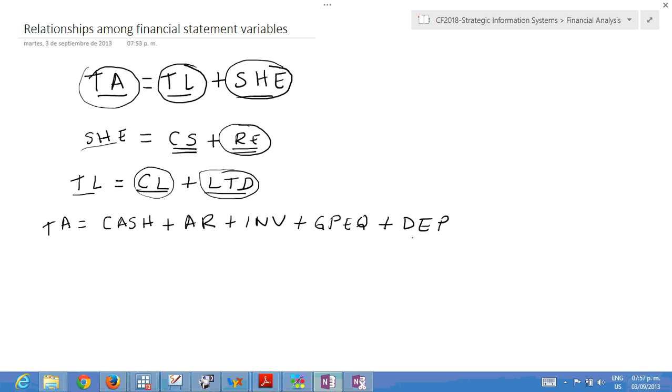Remember that depreciation is usually negative. I'm putting a plus here, but this amount is always negative.